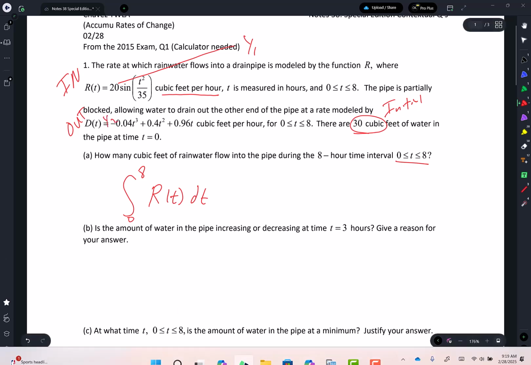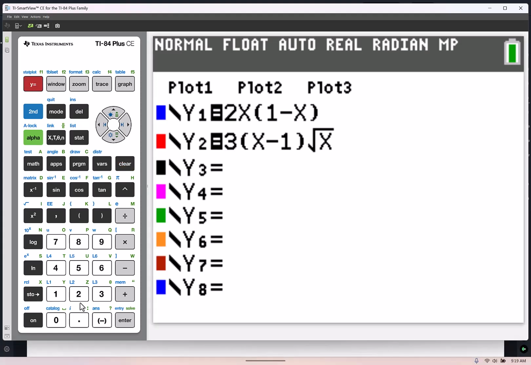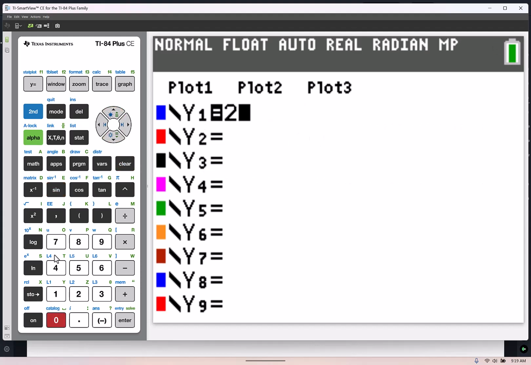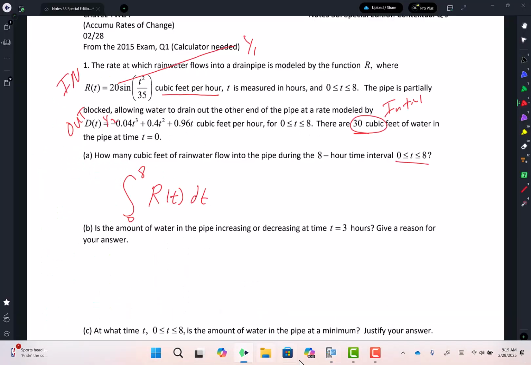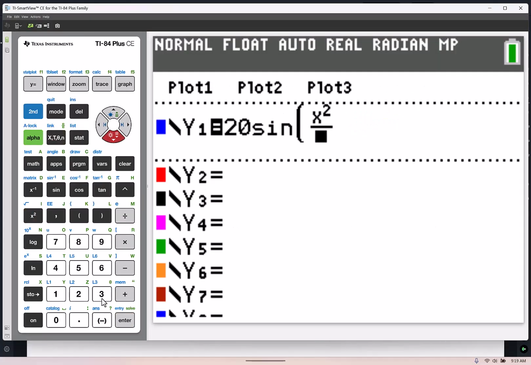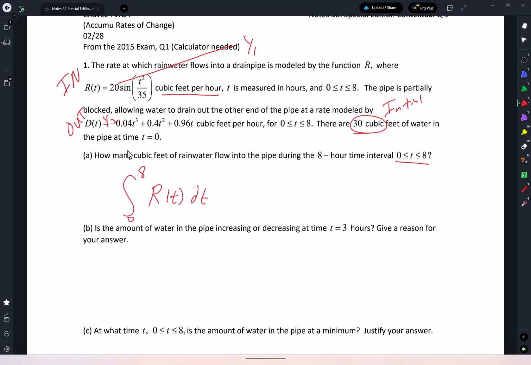So I'm going to put the in y1, so let me clear everything. 20 sine, alpha y equals, because I want it to look like it looks in there, and I'm going to say t squared over 35, x squared over 35. I click close, and I'm going to go ahead and put the y2 for now, guys, because I know I'm going to need it eventually.